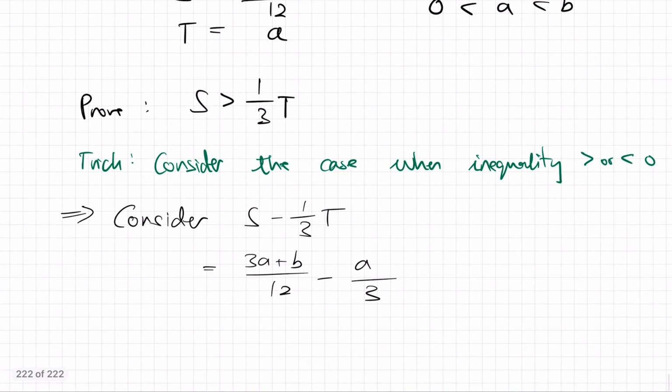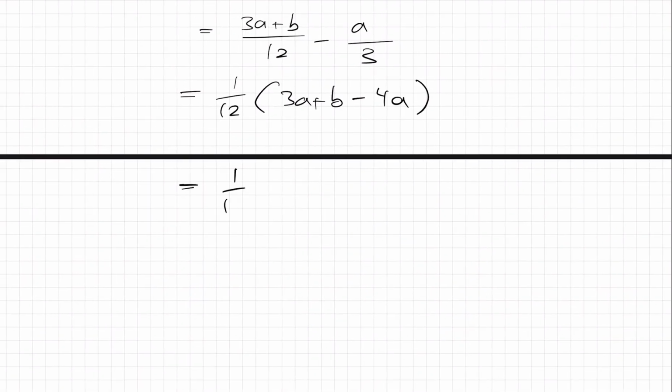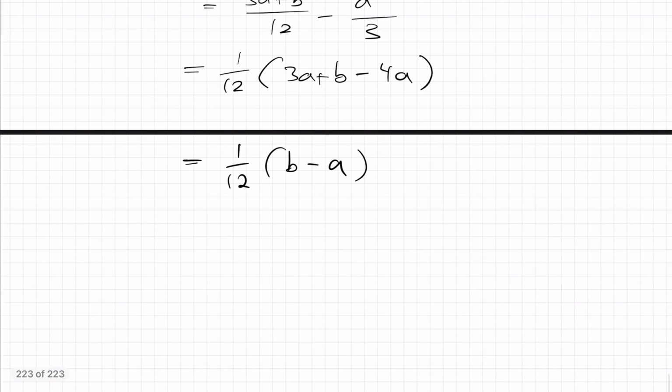Now we're considering this quantity, so I'm going to factor out this 1/12. So we'll get 3a plus b minus 4a, and as you can see, that's equal to 1/12 times b minus a. I'm going to write it like that.